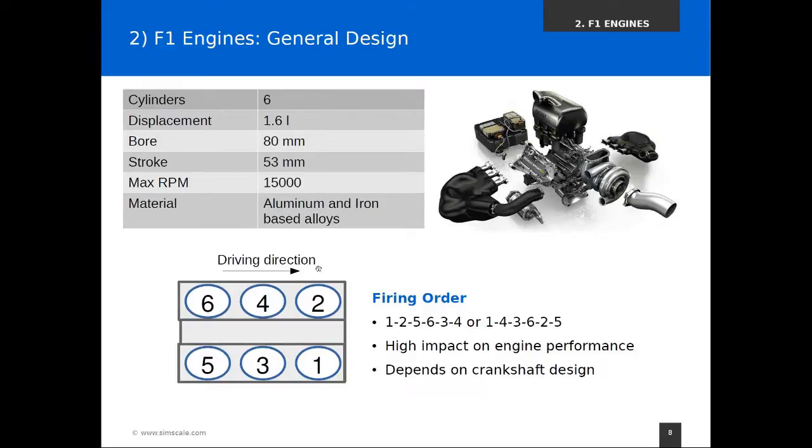Another word I wanted to say about this entire assembly. We have 6 cylinders, and they're arranged in this V shape. Now, if you take a look from above, we can see that we can actually assign numbers to those cylinders, and they are counted like this. So we have cylinder 1, 2, 3, 4, 5, 6, and we have a certain firing order, which is also mentioned here.